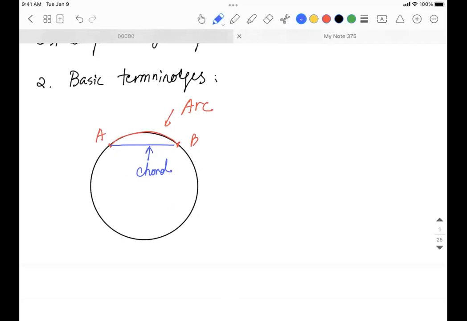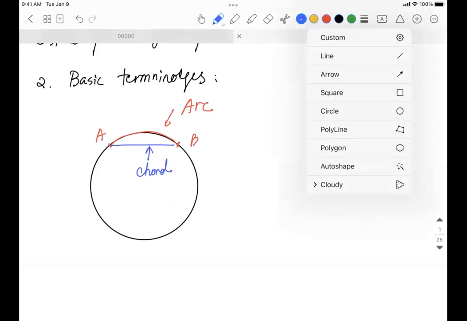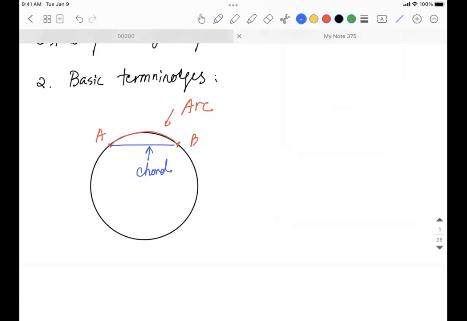So let's say I have a line which is outside my circle. I'm going to use the color green. If the line goes like this, it cuts the circle at 2 points. So I'm going to give this line a name. This is a secant, right? The secant cuts the circle at 2 points. Or if the line is exactly cutting my circle at 1 point, not 2 points, here, exactly 1 point.